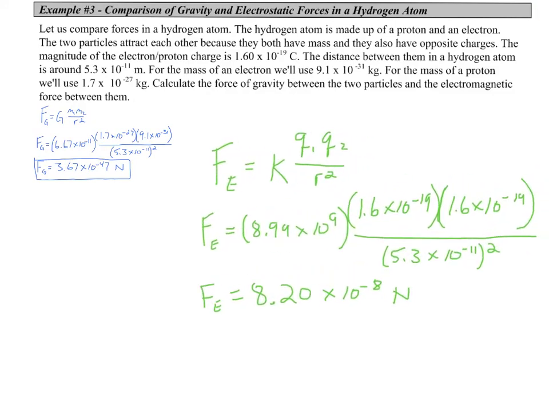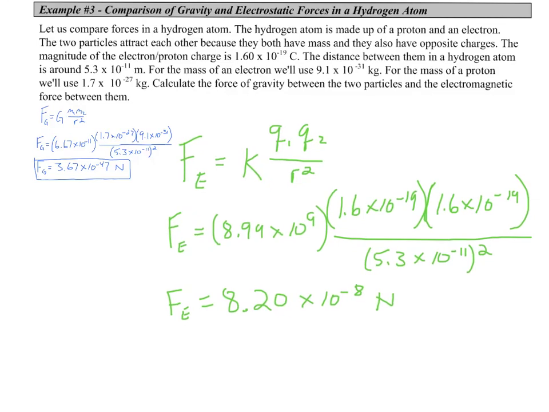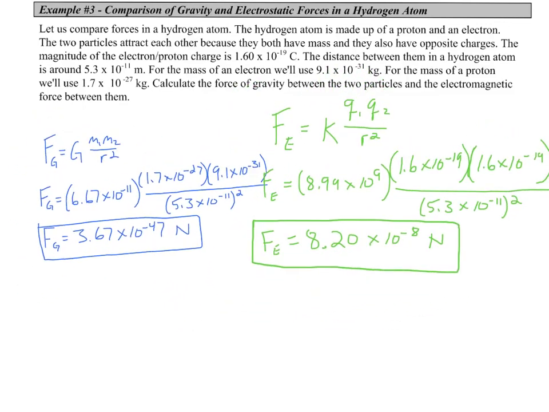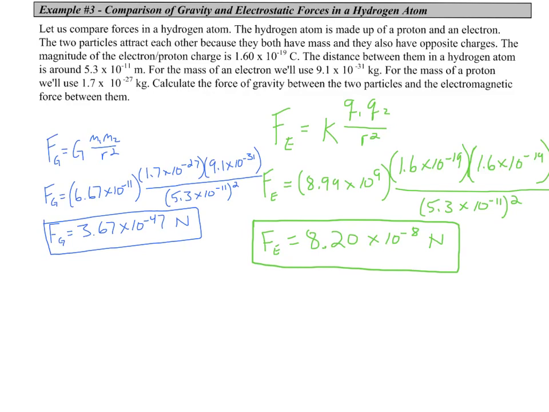Coulomb's law shows us that the electric force between a proton and an electron in a hydrogen atom is 8.2 times 10 to the negative 8 newtons. Now, taken on its own, that's not a lot of force itself, but when compared with the force of gravity between the two, we see that the electric force is some 2.2 times 10 to the 39 times larger. It's a much, much larger force than the force of gravity.